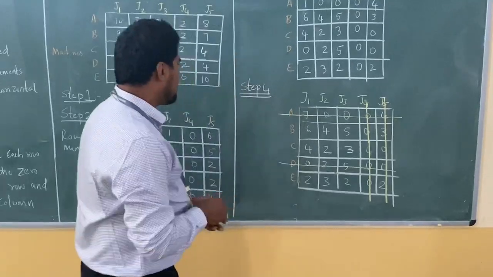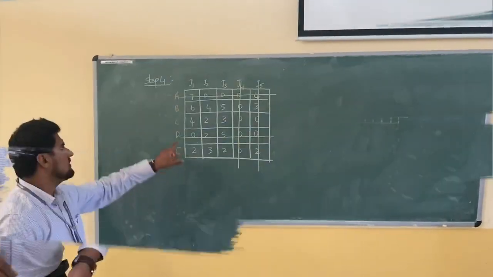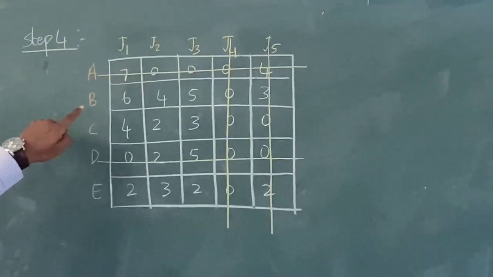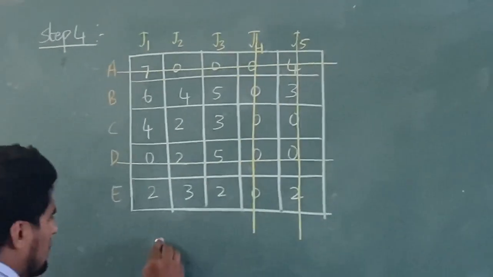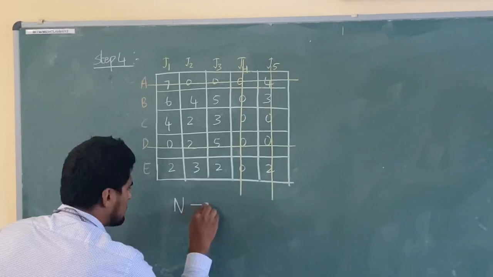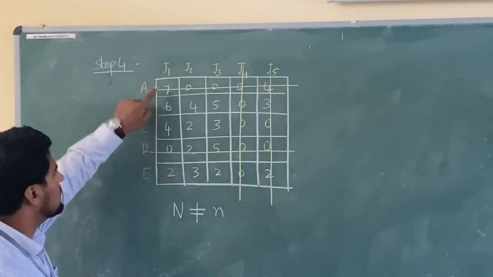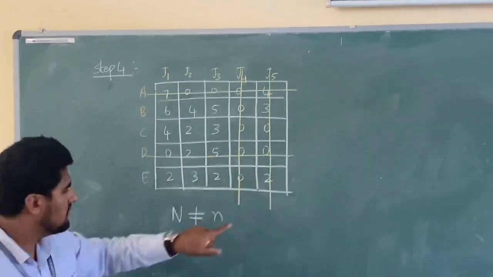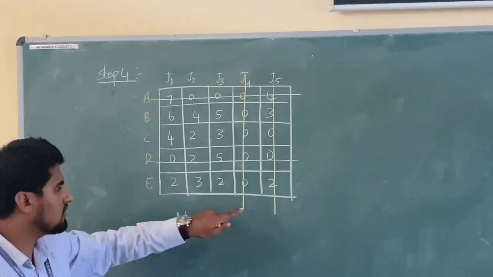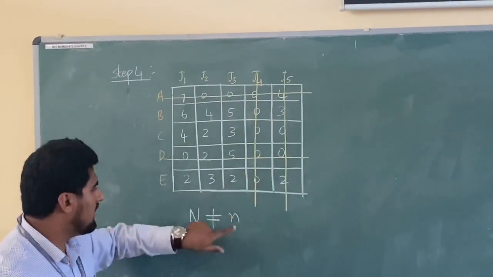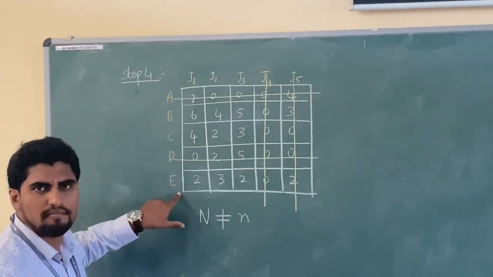Okay, so I'll write step number 5 here. This was our previous step. Capital N is not equal to small n, where capital N is the number of lines we have drawn and small n is the order of the matrix. Here capital N is 4 and small n is a 5 cross 5 matrix.